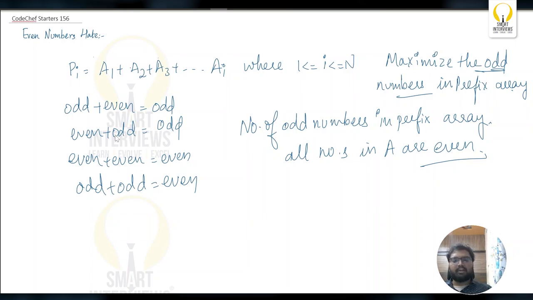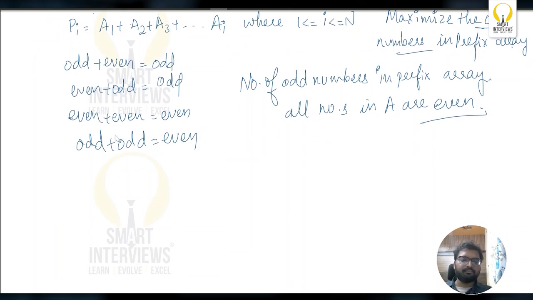Now if you look closer, how do you rearrange this array? If you try to place odd, even, odd, even, odd, even like this, what is going to happen?